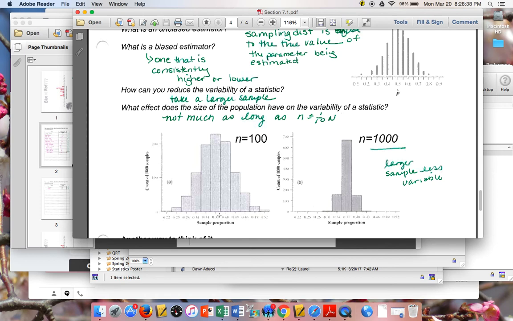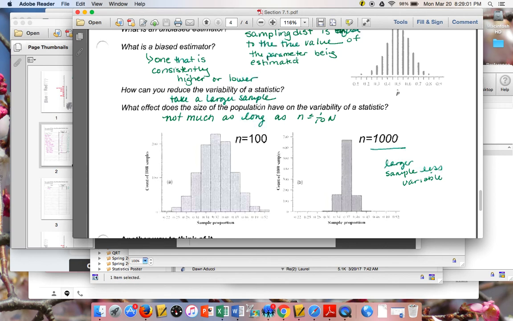These values are going from 0.22 to 0.52. These ones are going from 0.30 to 0.43. So you can see that as you get a bigger sample size, the spread gets smaller. That's related to the sample size. Take a larger sample, and you reduce the variability.